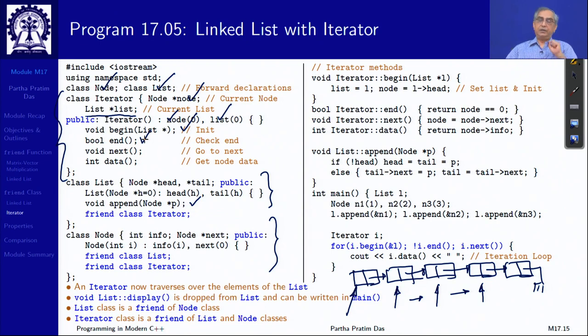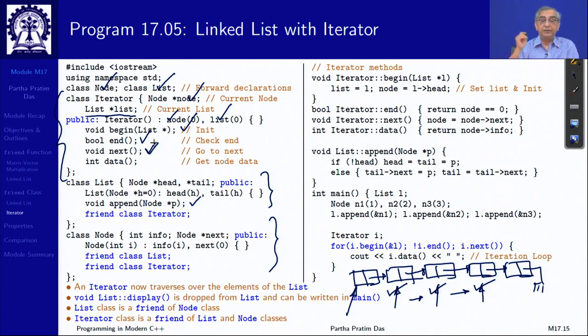So, end is a function in the iterator. If I call that, it checks if the end has arrived. If the end has arrived, it will stop. Here I have modeled it assuming that it goes up to the end of the list. Then, once I am done with visiting one node, I need to go to the next node, and so on. So, I need a next function which takes me to the next node on the list.